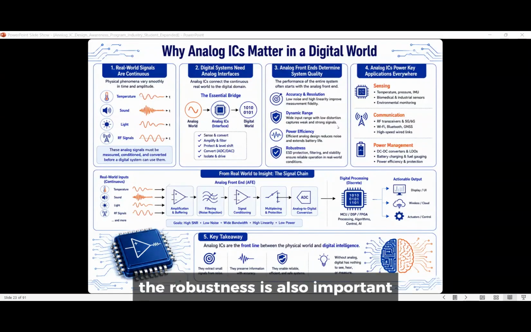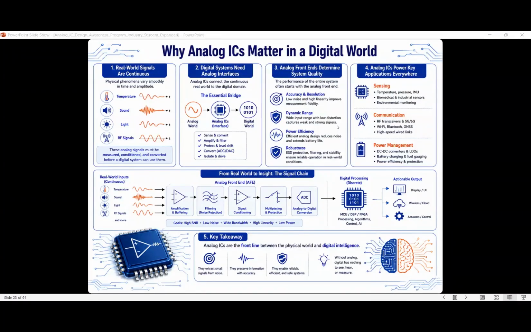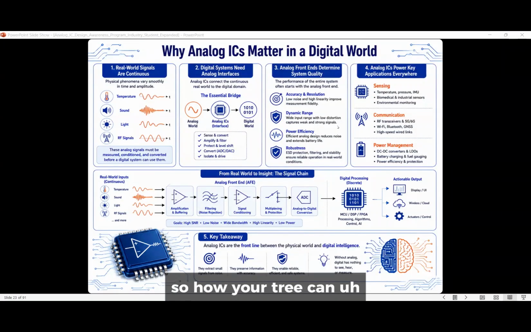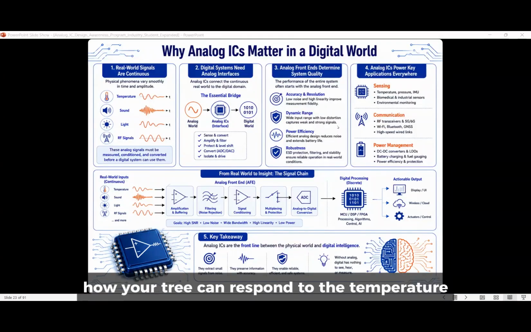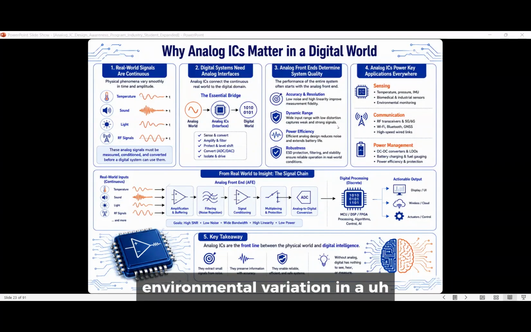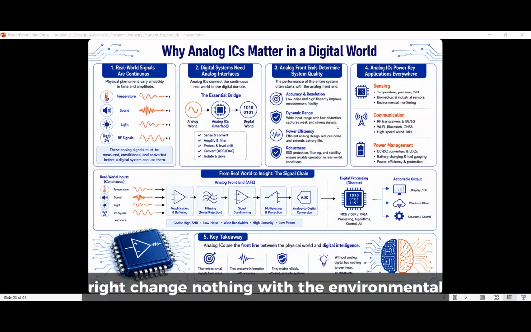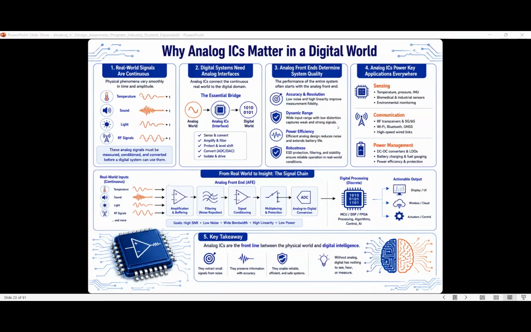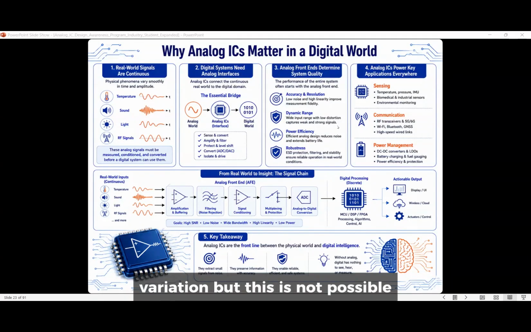Okay, robustness is also important, which means that when the surrounding environment changes, how resilient your chip is, or how your chip can respond to the environmental variation. In an ideal case, the chip changes nothing with the environmental variation, but this is not possible.